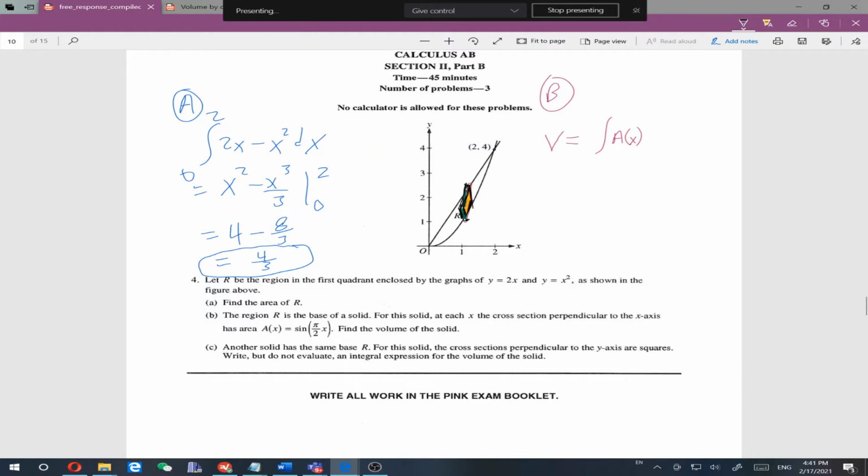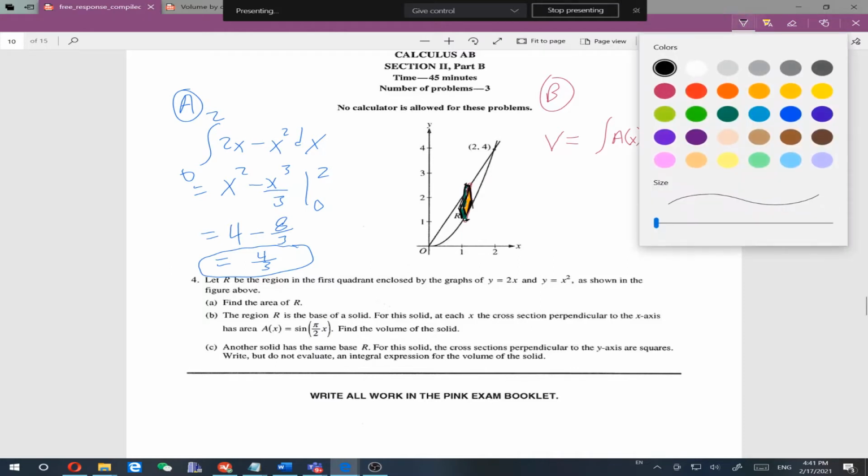Okay, that area is already the piece inside, so the difference in my y values times some value is giving me this area already. So if I already know what the area for the yellow space is, I just need to multiply it by its depth. So what's the depth? dx. dx, perfect.